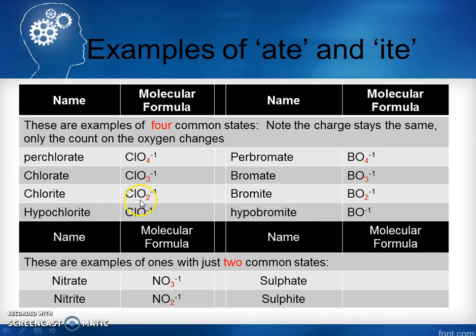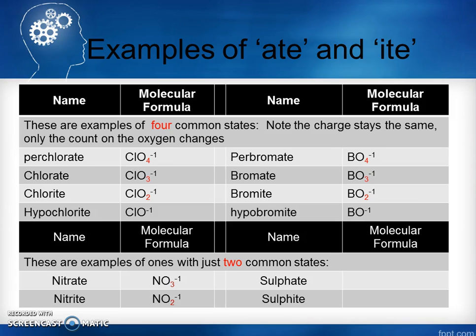Chlorite, ClO2. And hypochlorite, ClO. Here's another example. Perbromate, BrO4. Bromate has the 3 oxygens, bromite 2, and hypobromite just 1 oxygen. And as indicated, the charge stays the same.